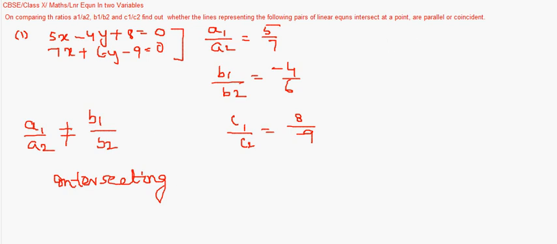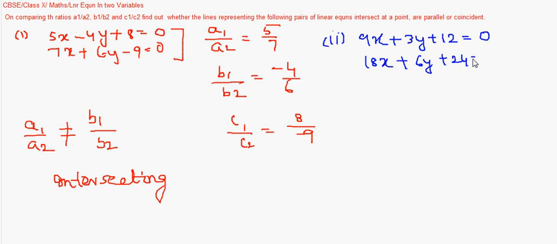We take up another question now. It's 9x plus 3y plus 12 equals 0, and 18x plus 6y equals 24.